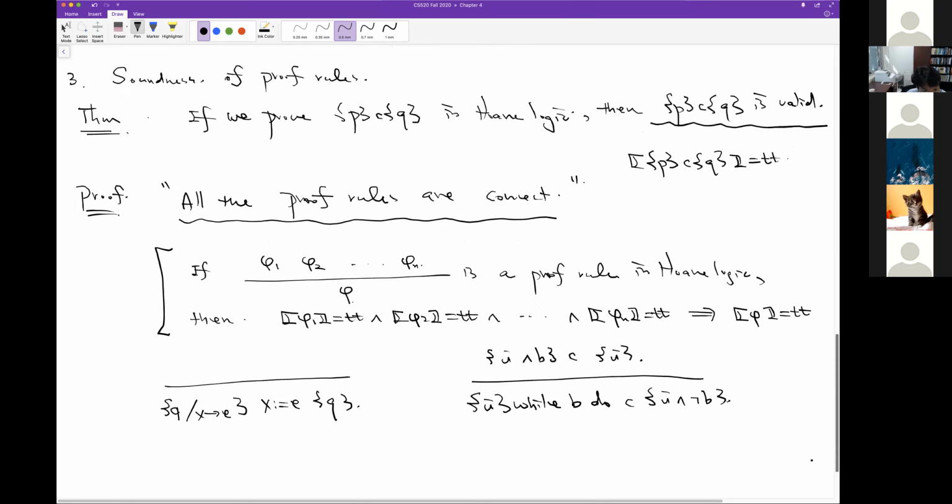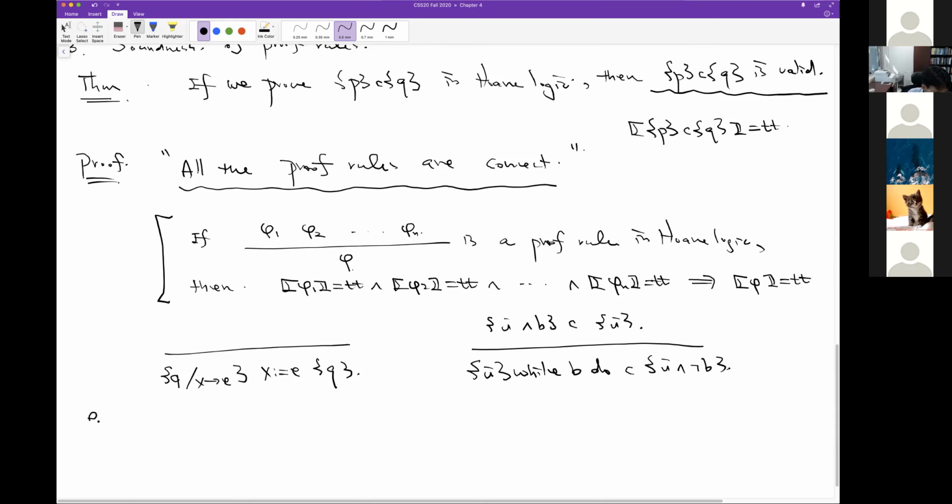So the exercise is to show the correctness of these rules.